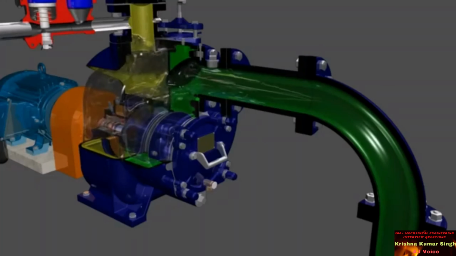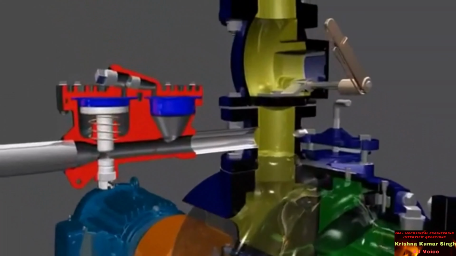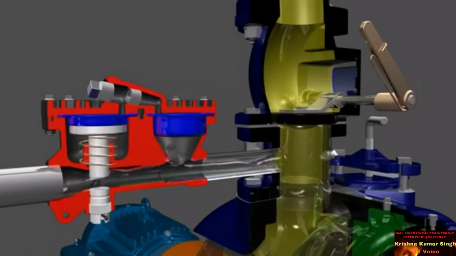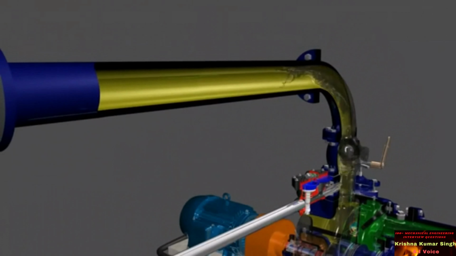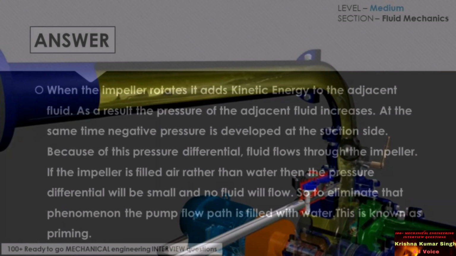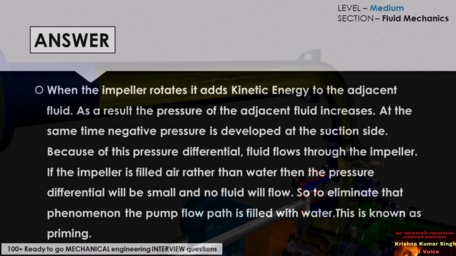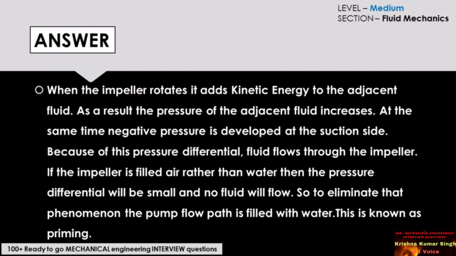If the impeller is filled with air rather than water, then the pressure differential will be small and no fluid will flow. So to eliminate this phenomenon, the pump flow path is filled with water, and this process is known as priming.